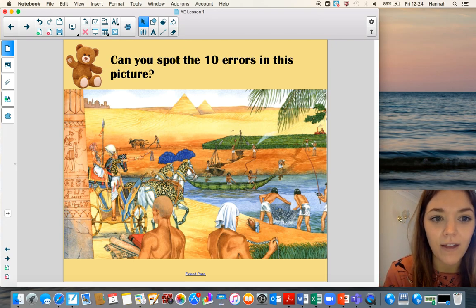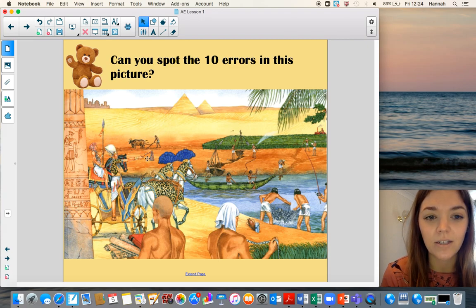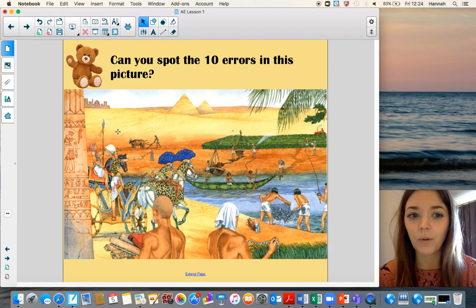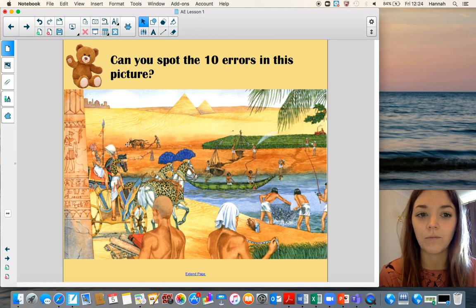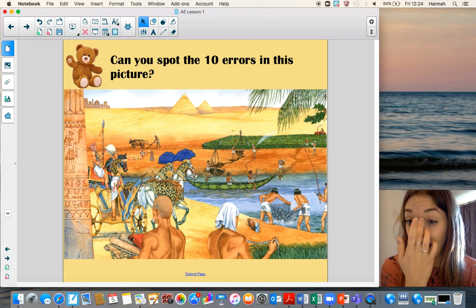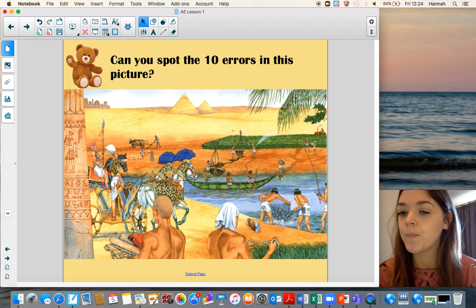So if you have a look over here, this is the proper way that they would have done it back during ancient Egyptian times. So probably more hard work for the farmer, rather than sitting on his tractor, he's having to control these animals, these oxen, to help get the land ready to grow the crops.